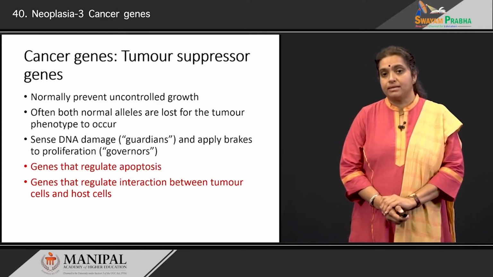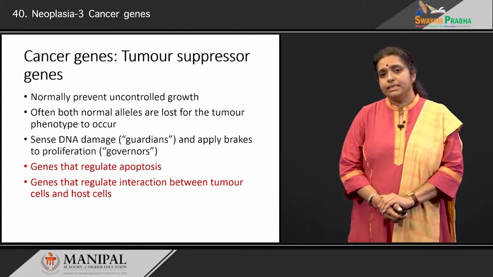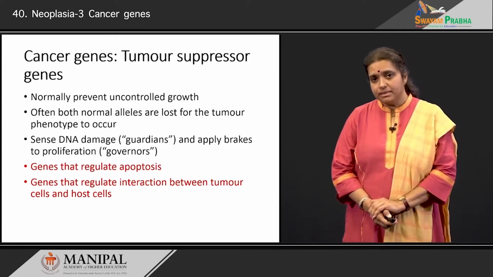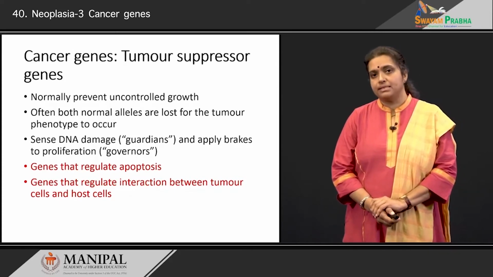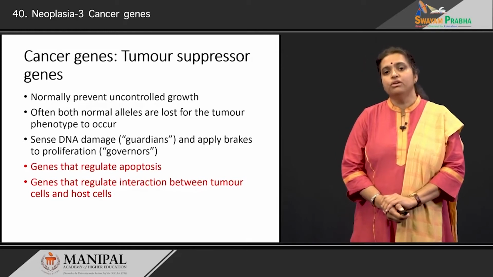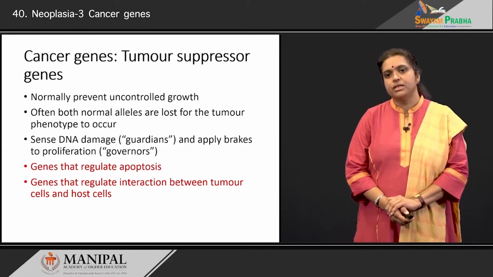So, these act as guardians, and they apply brakes to further cell proliferation, and therefore they act as governors. So, they have these two functions, as guardians and governors, where they sense DNA damage and apply brakes to cell proliferation.